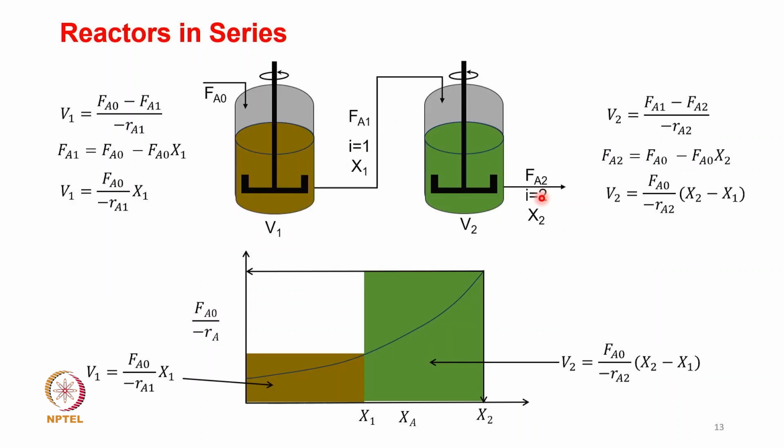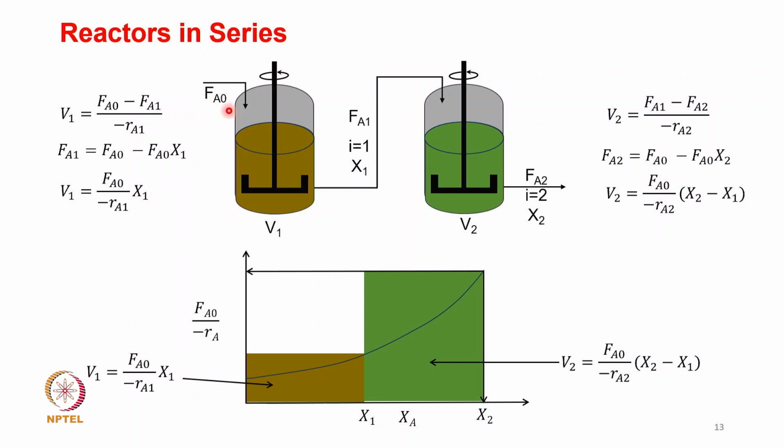So, now let us look at 2-3 combinations. One is of course reactors in series. In this case you have 2 CSTRs connected in series, FA0 coming in, having a volume V1, FA1 and a conversion X1, going to reactor 2 having volume V2 and going out as FA2 with index 2 and X2. We will be able to write the volume expression, or the CSTR design relation, for the individual reactors.